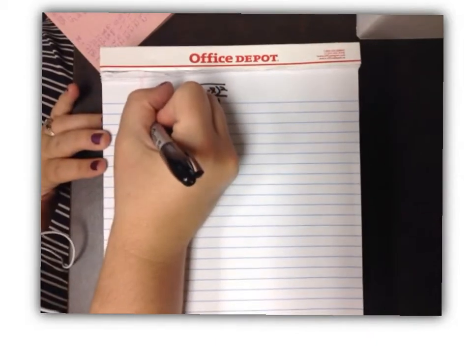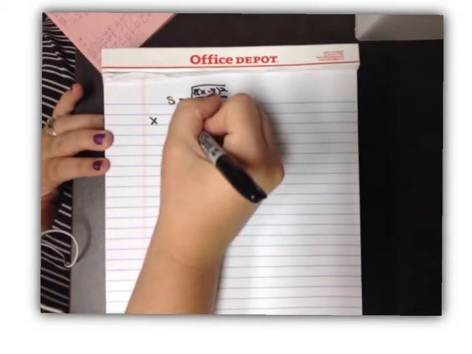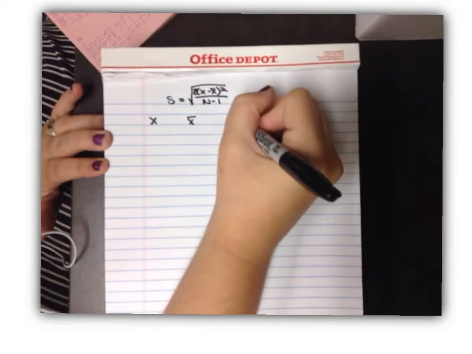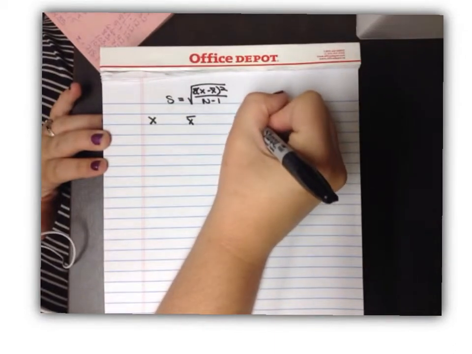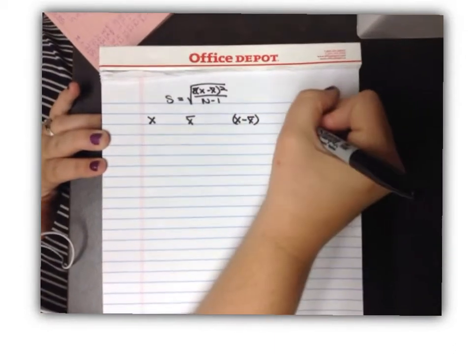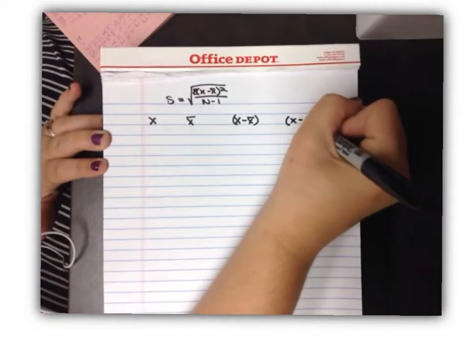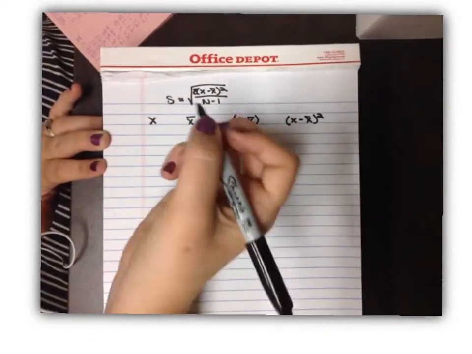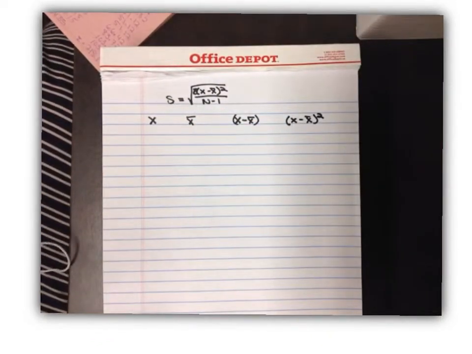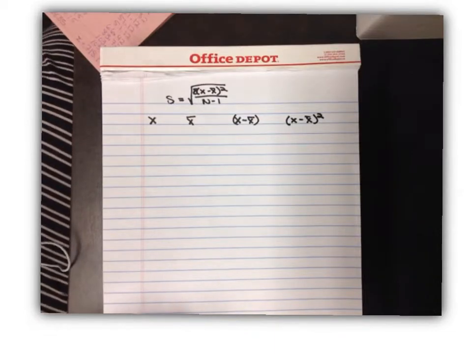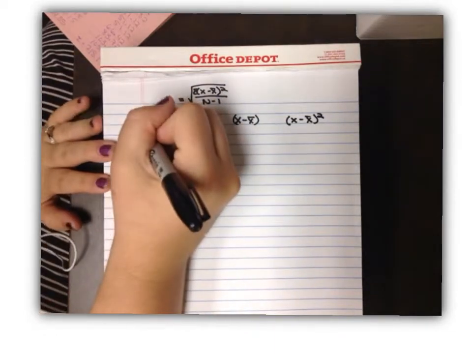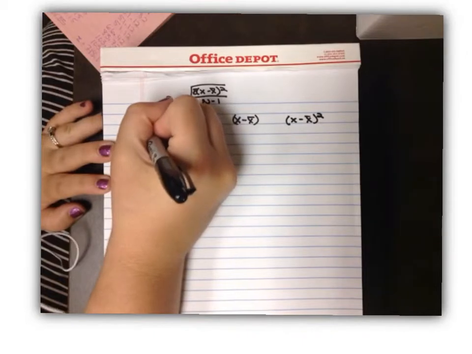So we're going to have the first column be x, the second column is going to be the mean, the third column is going to be x minus the mean, and then our last column is going to be x minus the mean squared. So I'm going to go ahead and list my x's. I'm going to list them in order from smallest to highest, and there are going to be 20 of those. So this is going to be a little bit of a lengthy example.